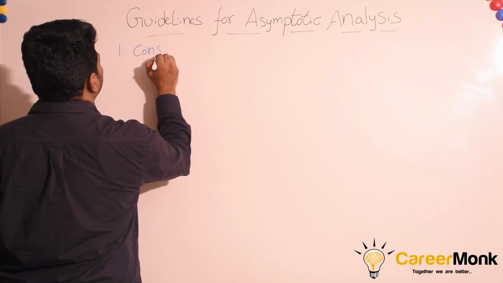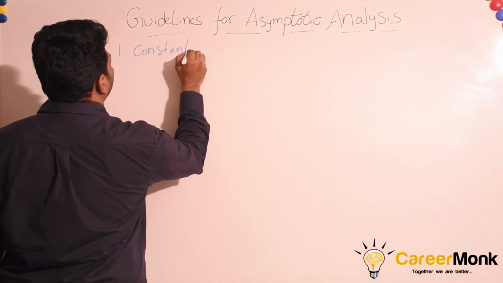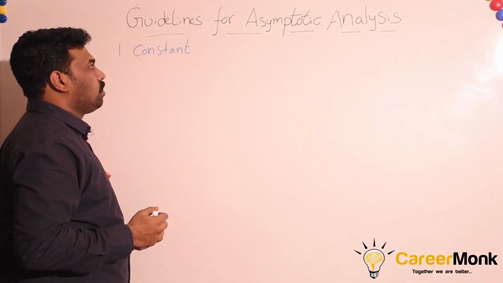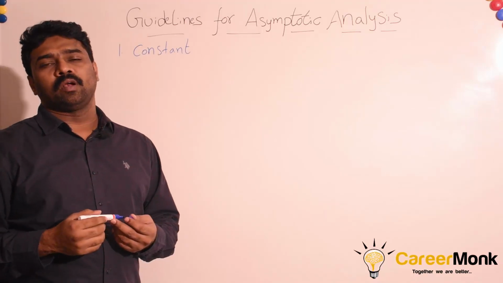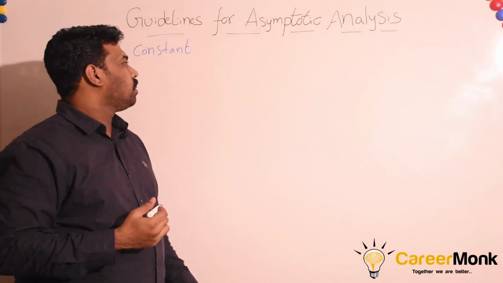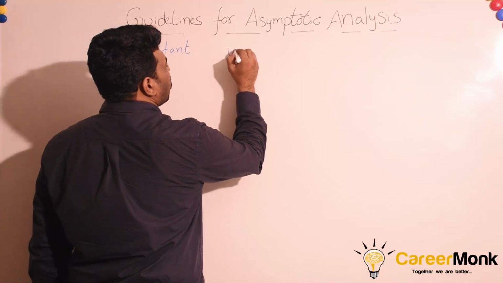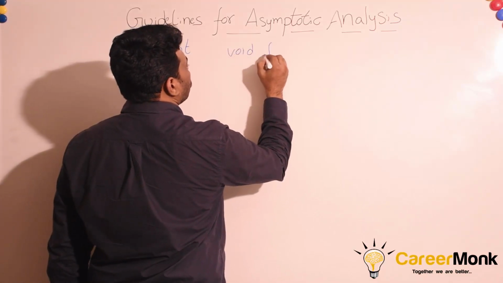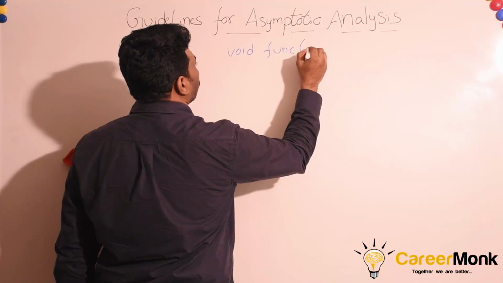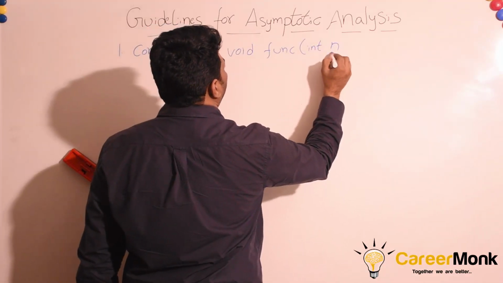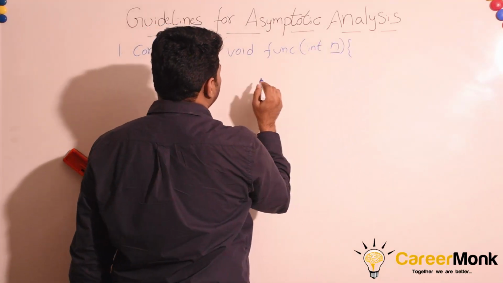Constant. When do we say the given algorithm or code has a constant running time or time complexity? Let us consider this simple function. Here n is the input for this function.